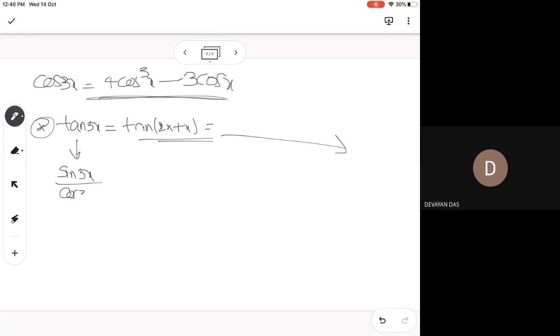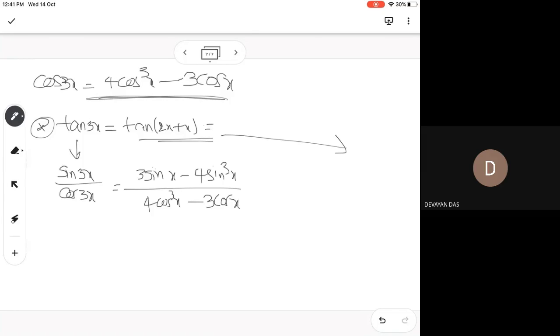So sin 3x is 3 sin x minus 4 sin cube x, by 4 cos cube x minus 3 cos x. So if you want to prove this one, you divide the numerator and denominator with what can be divided? Can anyone say? It should be completely converted into tan.